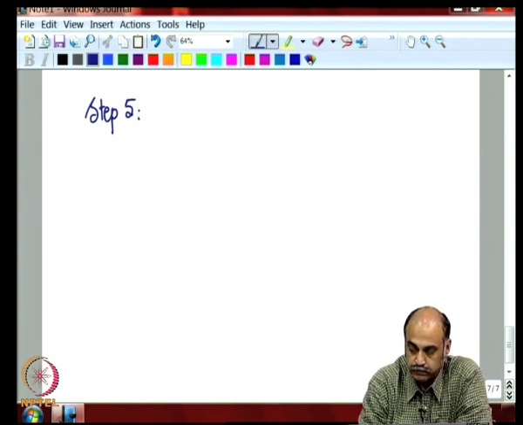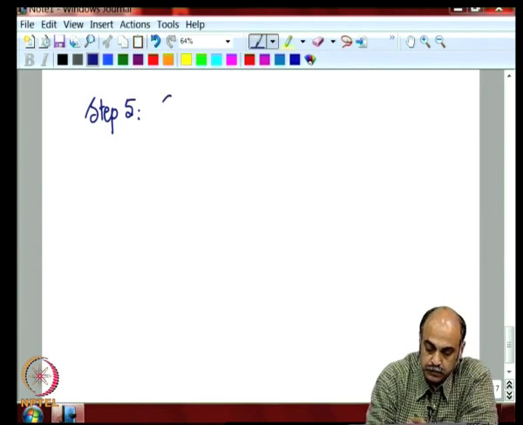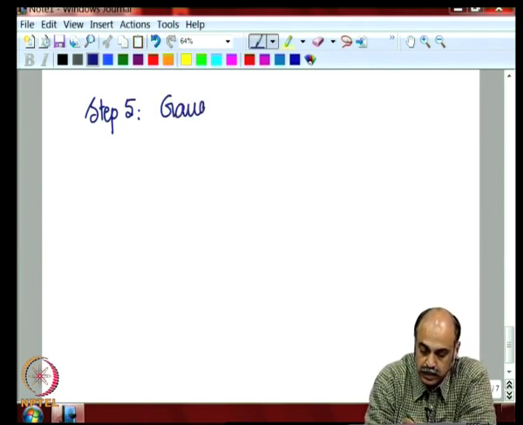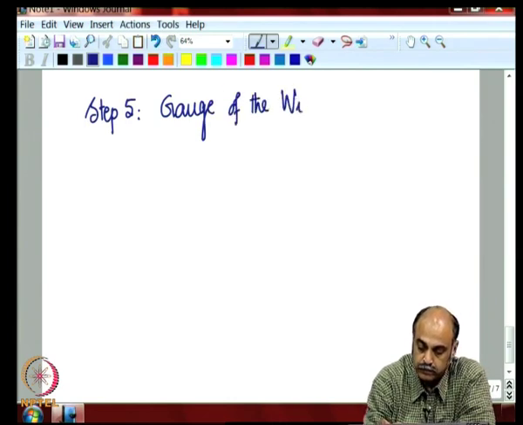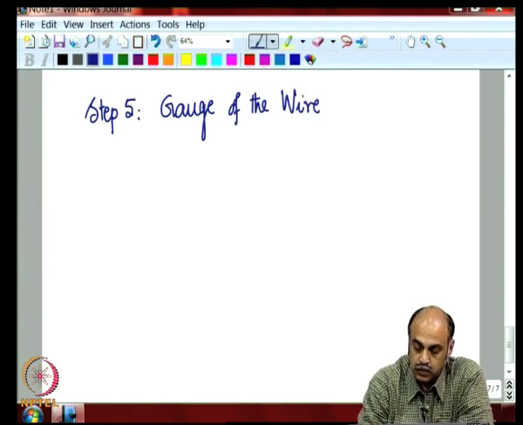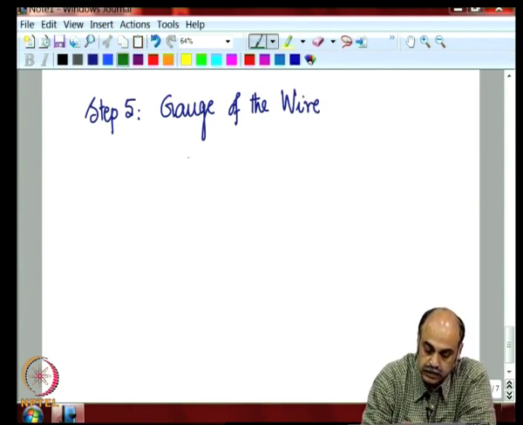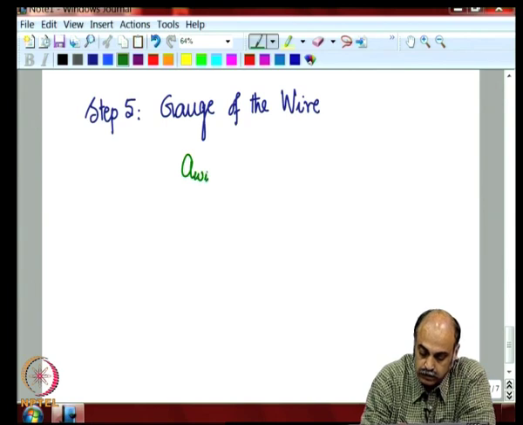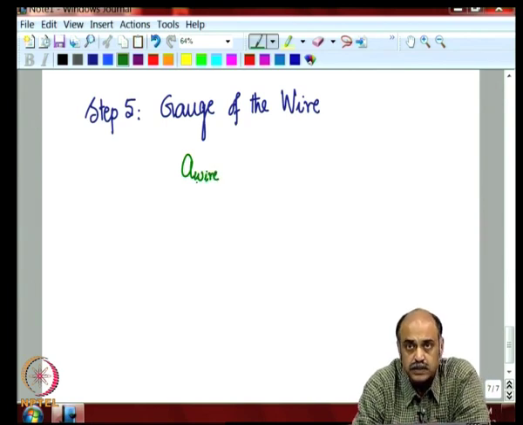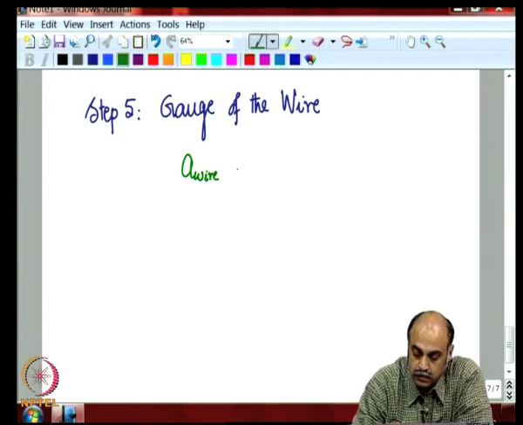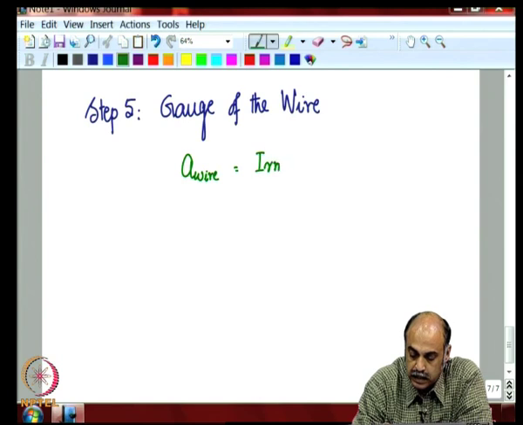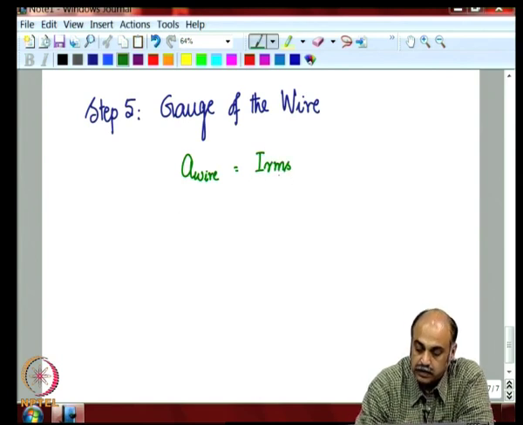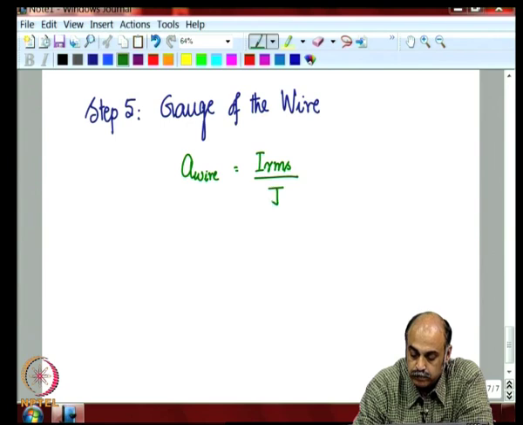Now, step 5, you need to find out the gauge of the copper wire. You recall that in the last class, we discussed the cross section of the wire, which is equal to the IRMS current flowing through the wire divided by the permissible current density in amps per meter square.